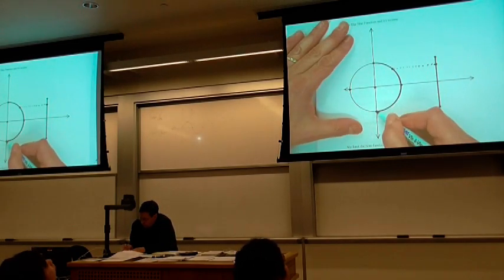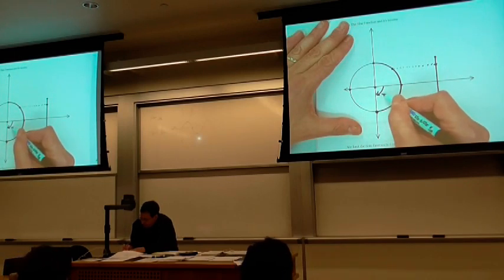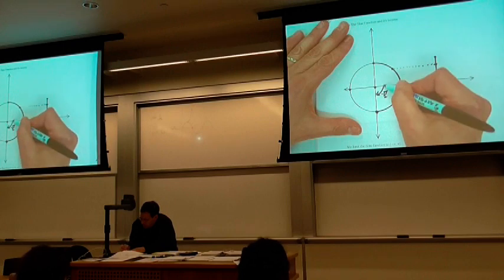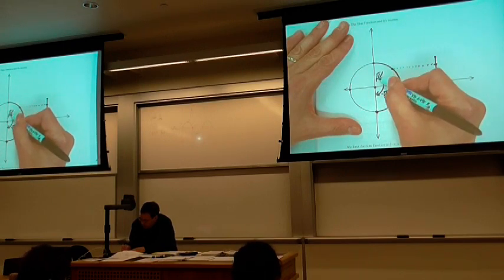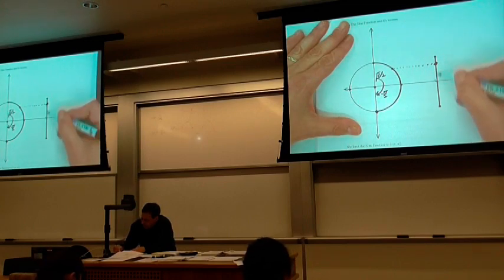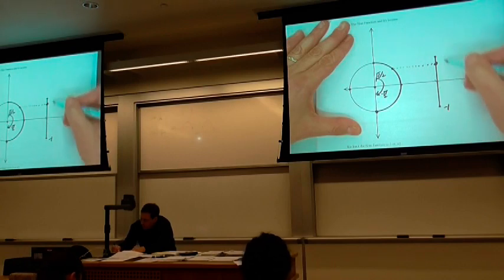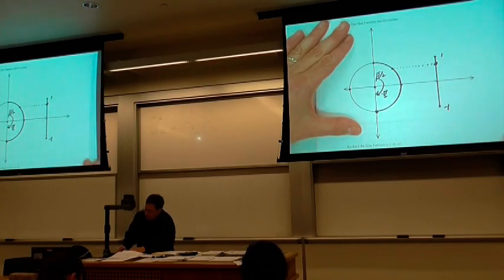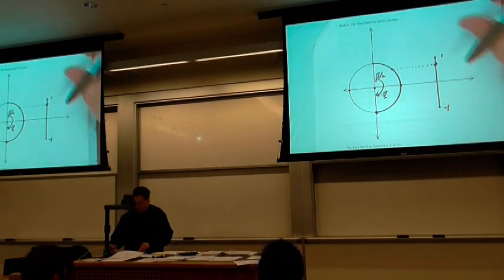So as we go from minus pi over 2 back up to pi over 2, this coordinate is going to go up and down here between what? Minus 1 and 1. So that's another way to think of the inverse sine function.